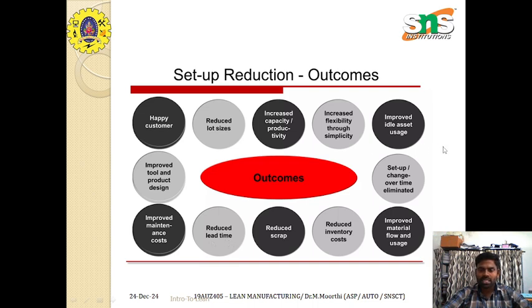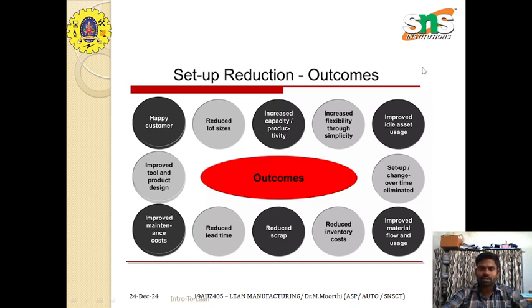At the end we have reduced lead time and reduced scrap. By minimizing waste during the process, the product doesn't go to scrap. So we have reduced scrap, and after that steady reduced inventory cost.